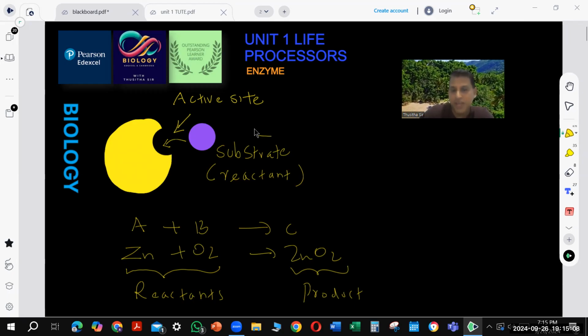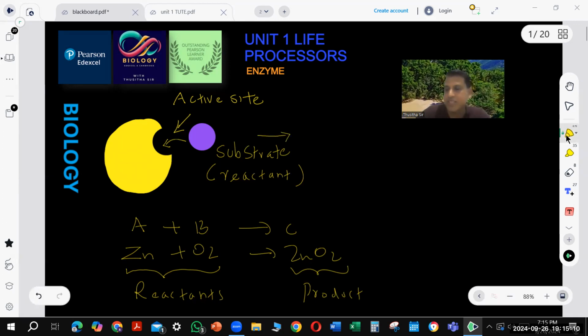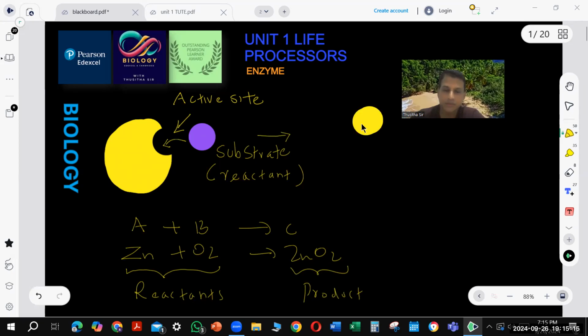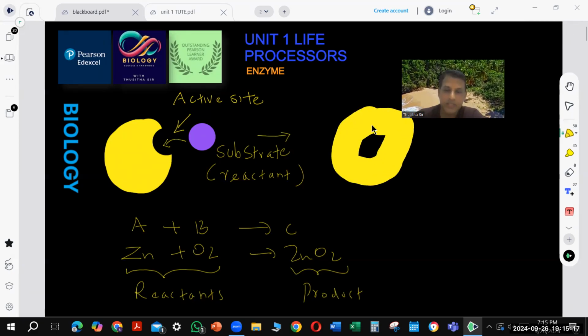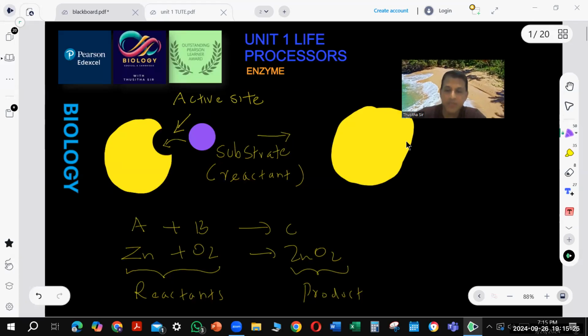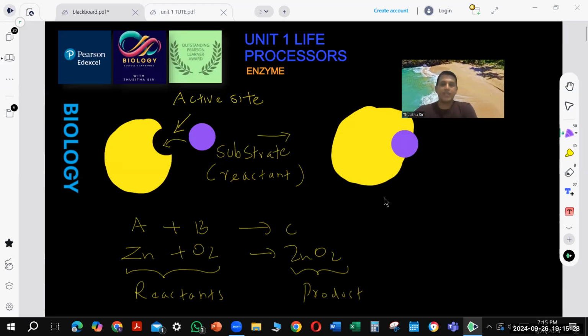After fitting to the active site, we can see it like this. This is the enzyme. Now this one is the substrate. The substrate is nicely fit into the active site now.